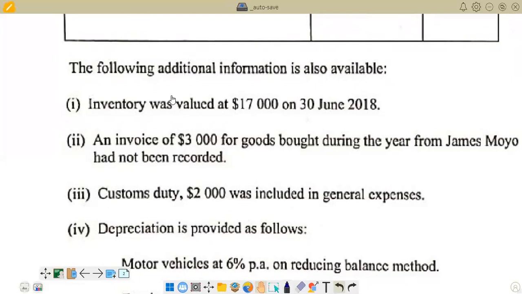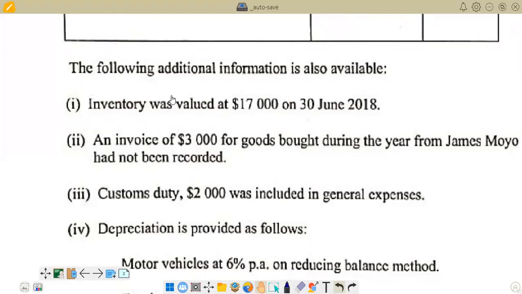It might help you not to omit any adjustments as you go through each and every adjustment. You'll be able to remember where you are supposed to correct.